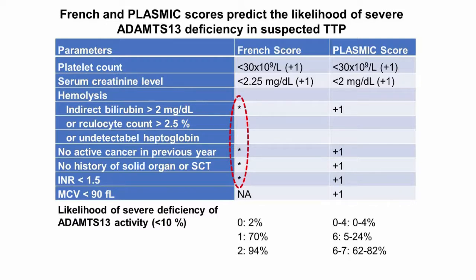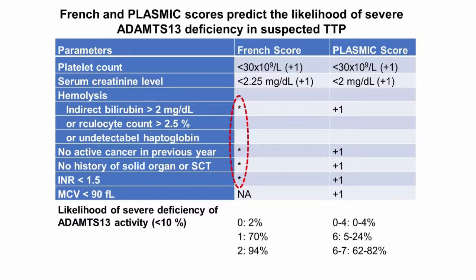Basically, the French score and the PLASMIC score are essentially identical, with the first parameter being platelet count, usually less than 30,000 per microliter, and creatinine is elevated, but not very high, usually less than 2 or 2.25 milligrams per deciliter.